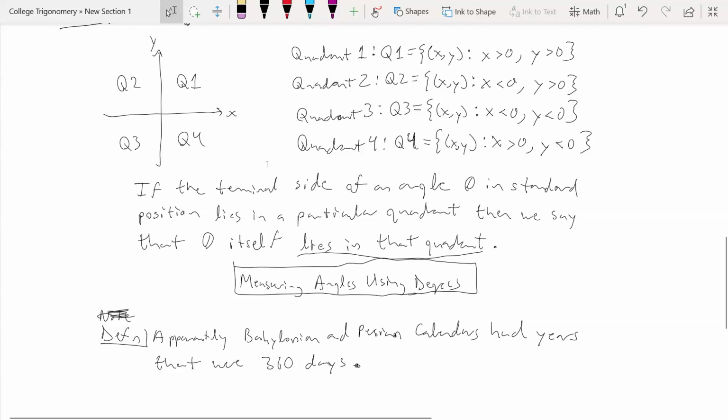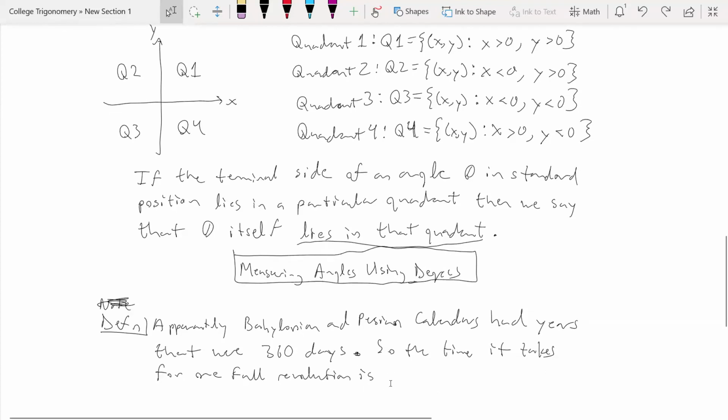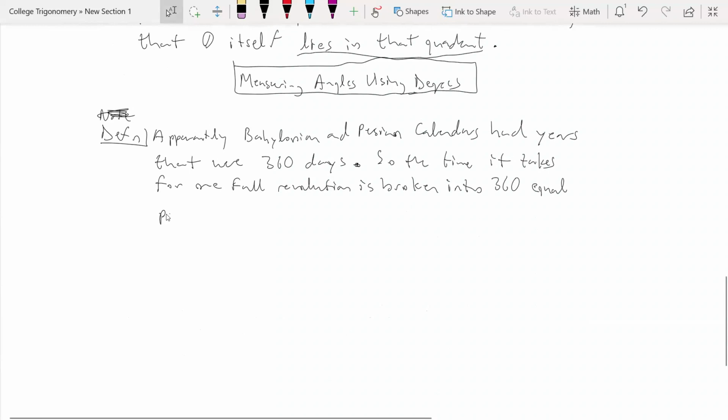And so having that, the time it takes for one full revolution, which is what a year is, 360 days, I'll just say is broken up into 360 equal parts, which we call degrees.